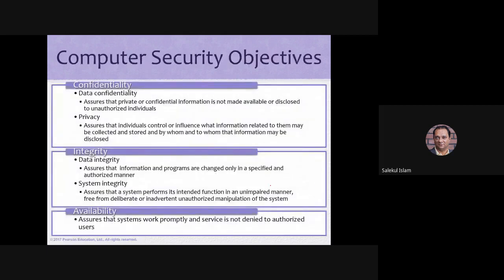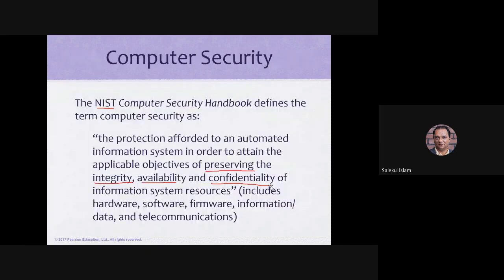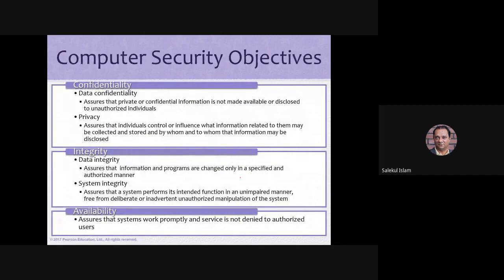So from that definition, we can find three keywords: integrity, availability, and confidentiality. Here they have explained those three keywords in more detail.